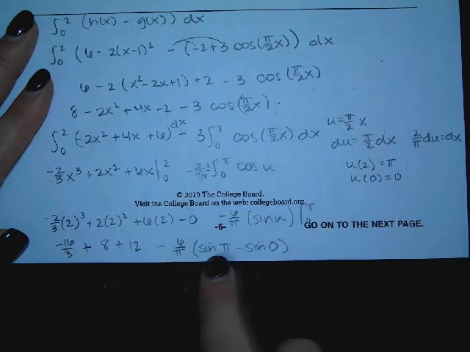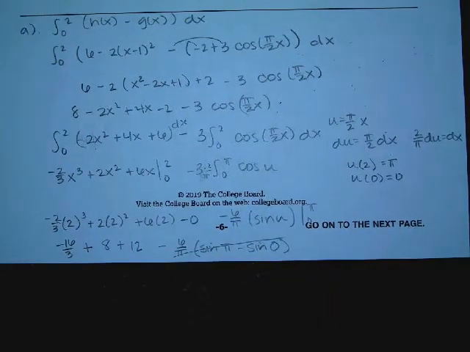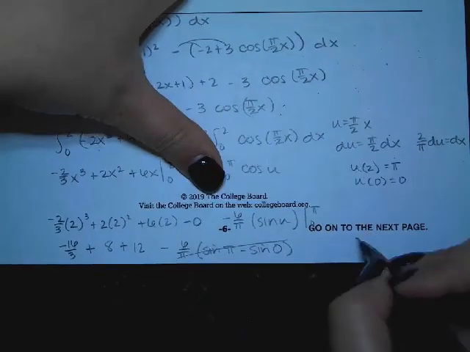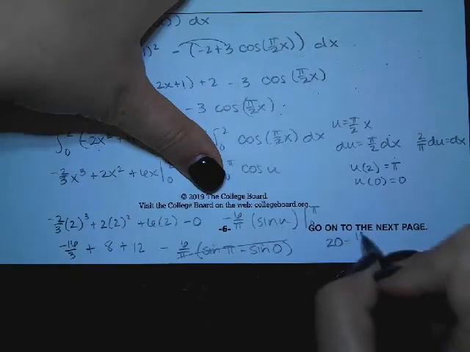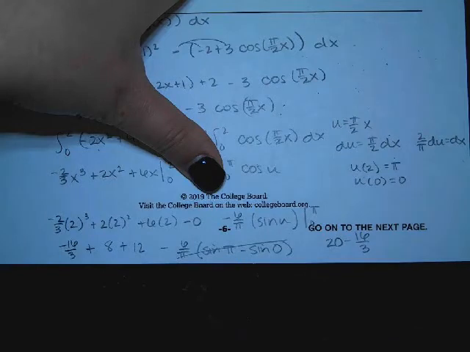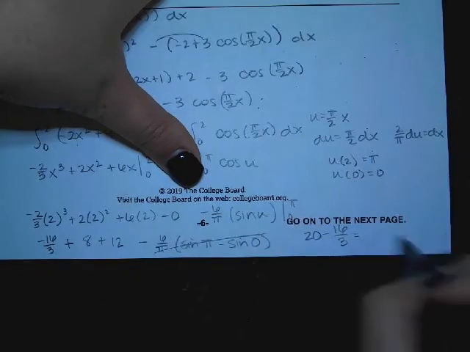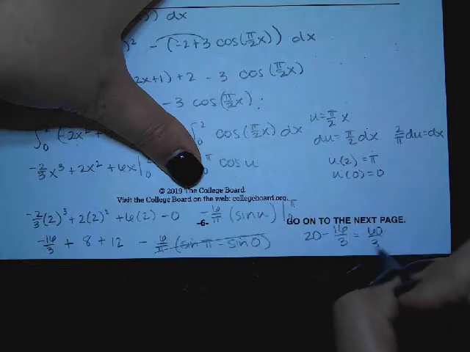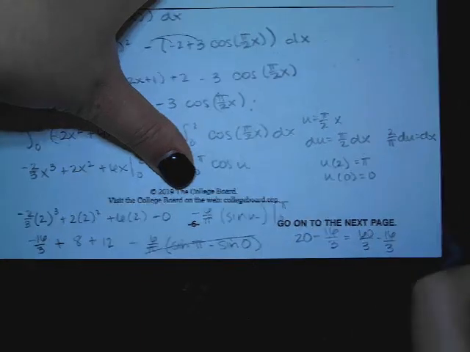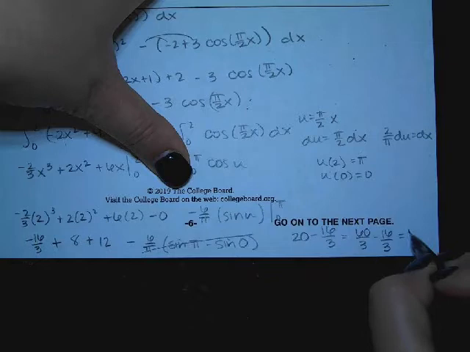Sine of pi is 0, sine of 0 is 0, so that just goes away. So I've got 20 minus 16/3. And again, honestly, I really should leave it here and call it good, but I just feel like I gotta finish it. So 60/3 minus 16/3 is going to be 44/3.